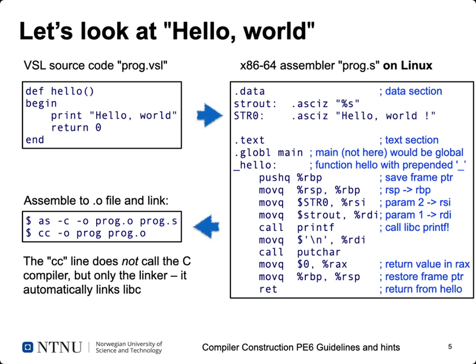Then finally, we call our C compiler with -o to generate the executable program proc from our object file proc.o, and calling the linker via the CC frontend automatically links our C library, so that makes life easier. When we call CC like this, it's not actually calling the C compiler. Remember, CC is only a front end to all parts of your compiler. It's just executing the linker with a number of convenient shortcuts for us.